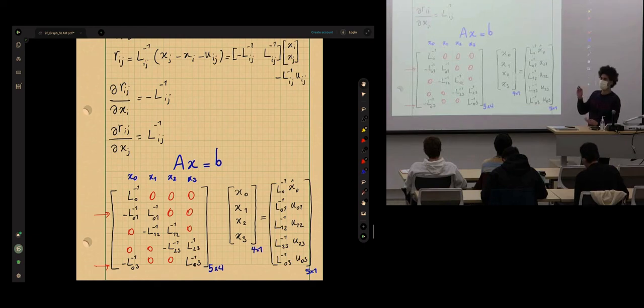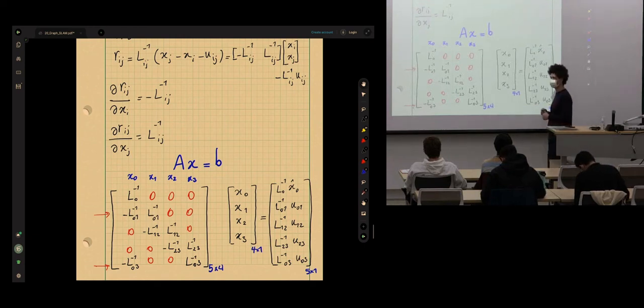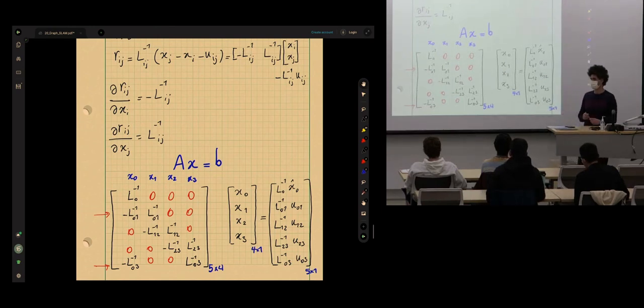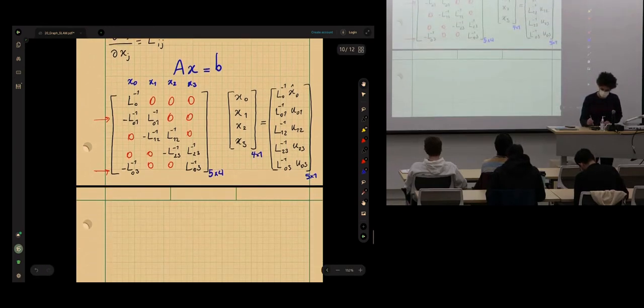And the factors are local, right? Even a factor that is connecting 3 variables is somewhat rare in the literature. You can have it, but it's typically binary and unary. So for every row, you get non-zero for the columns of those 2 variables, or if it's a prior, just 1 variable, and everything else is 0, and that makes it super sparse, which makes it super fast to solve.